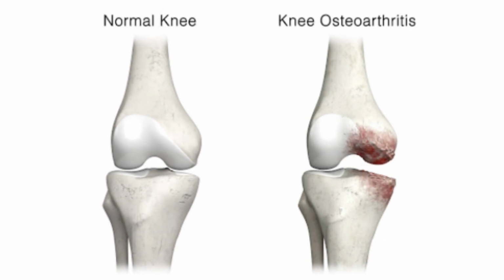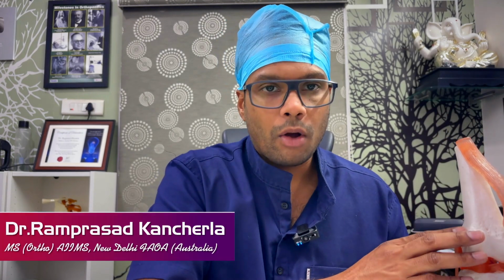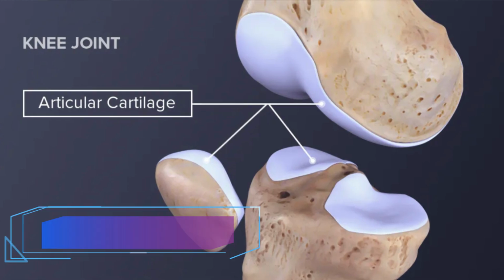But when we see the other end of the spectrum, which is osteoarthritis, here the basic pathogenesis is age-related degeneration of the cartilage. Once the cartilage gets destroyed, we need to remember one point. The nature-formed, God-given cartilage is of first grade quality, that is hyaline cartilage.